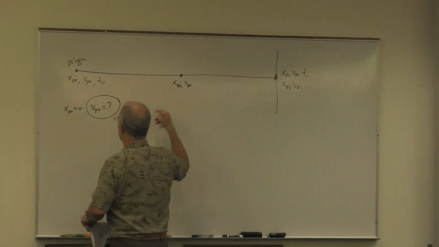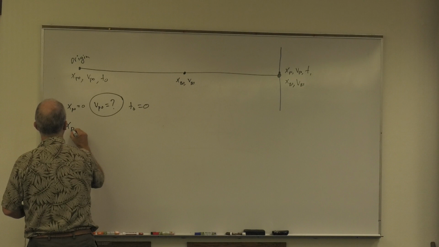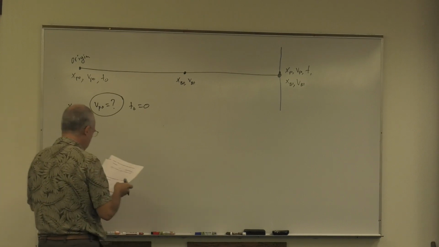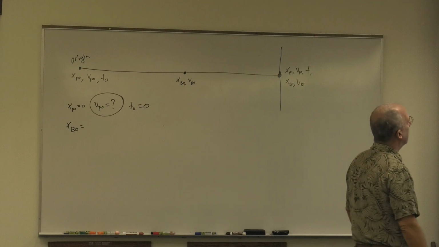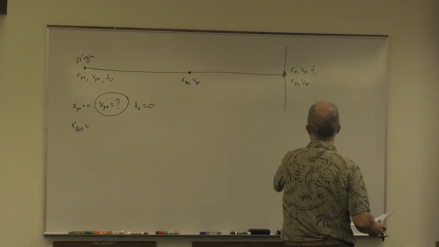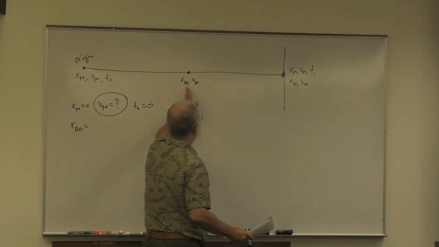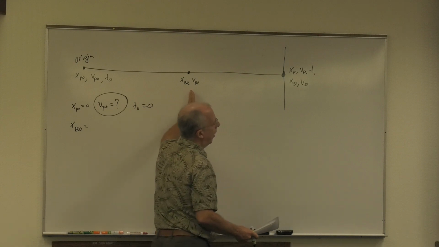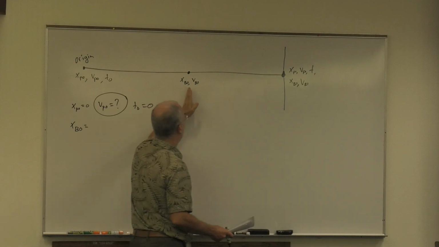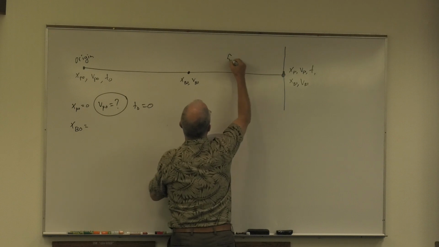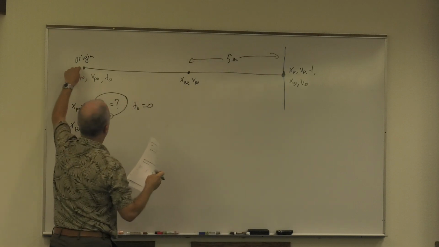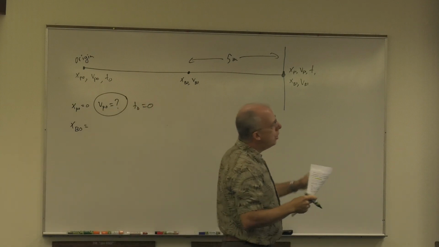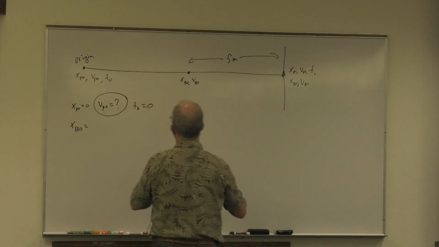Now let's go to this one. So x Bruce 0. What is x Bruce 0? Well, Bruce is 5 meters, but that's 5 meters from the blue line. We want it relative to the origin. The puck is 20 meters from the blue line.